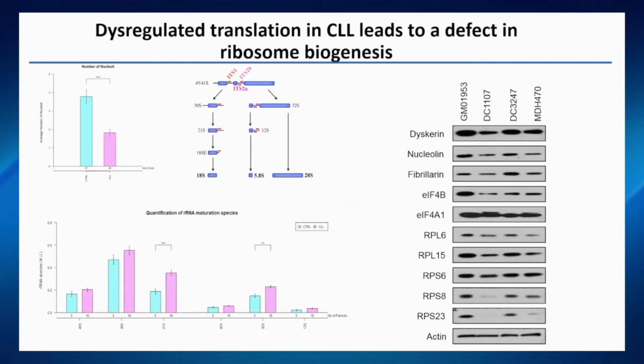So actually we took cells from patients with dyskeratosis who have low levels of DKC1, and this is what these are here. And in these patient samples, we also find, weirdly, this slightly higher band of 4A, but also we see downregulation of the proteins that we see in our CLL samples, so RPL15, RPS8, for example.